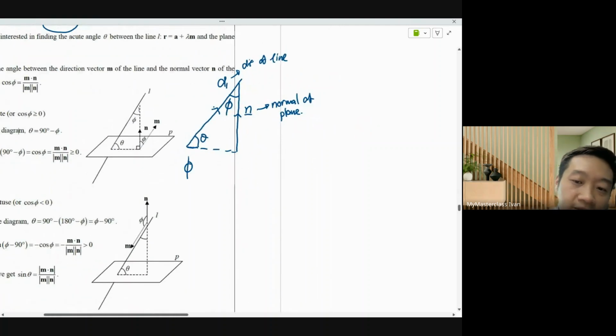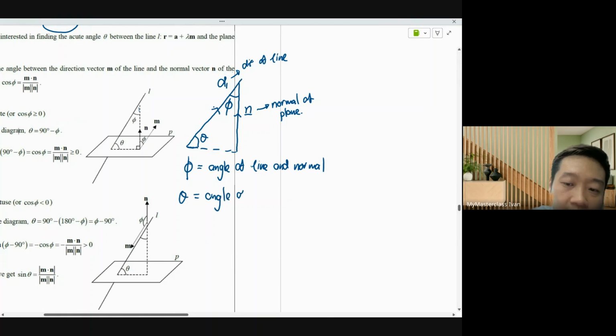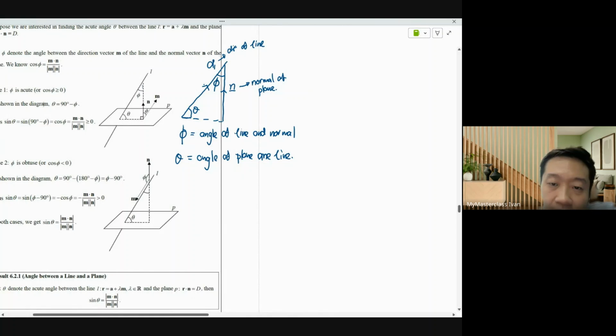So phi is the angle of line and normal. But what we want is theta, which is the angle of plane and line. Theta is 90 minus phi, or rather phi is 90 minus theta.